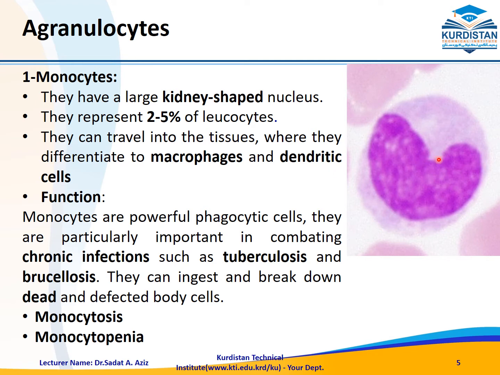When the monocytes travel from the blood into the extravascular tissues, they can differentiate into macrophages and dendritic cells. Normally the monocytes are recognized as a powerful phagocytic cell, so they can engulf some larger molecules such as dead or unaffected cells.